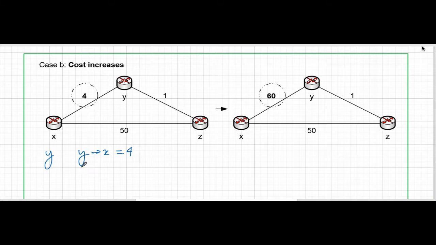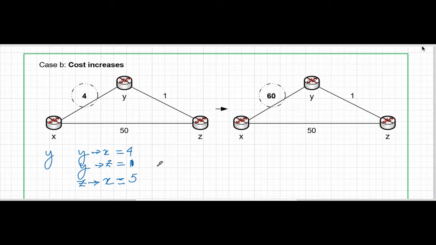From Y to Z, it can reach it at a cost of 1. And also Y knows that Z can reach X at a cost of 5, because that's the vector that Z had sent. It says I can reach X at a cost of 5.